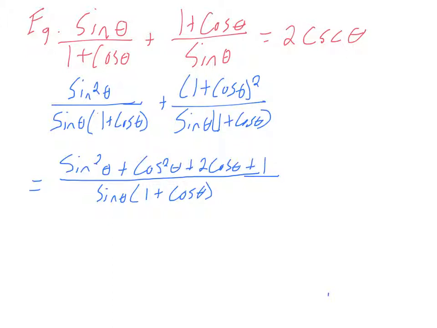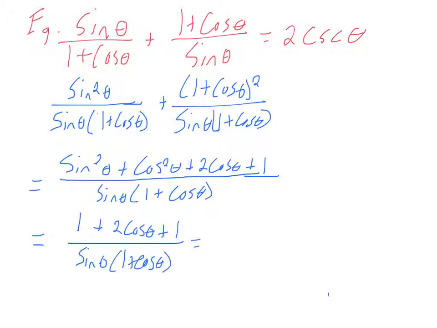And sine squared theta plus cosine squared theta equals what? That equals 1, right? So I end up getting 1 plus 2 cosine theta plus 1. Continue to keep the bottom factored.